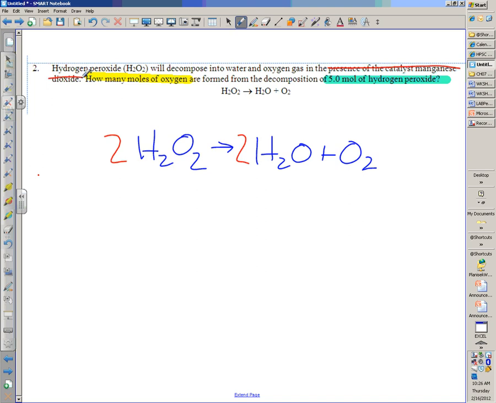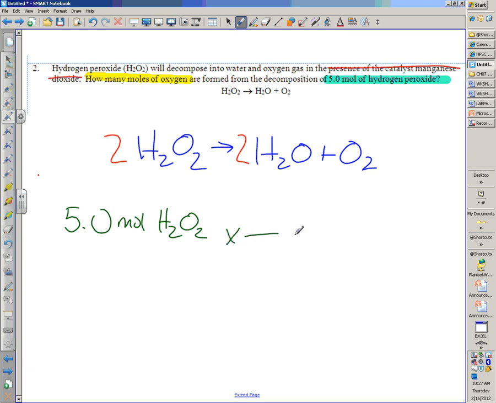All right, so we got our balanced equation. Now, we start off just like any conversion problem, right? 5.0 moles of hydrogen peroxide. Because it's asking you how many moles of oxygen are produced, we're starting with this much.